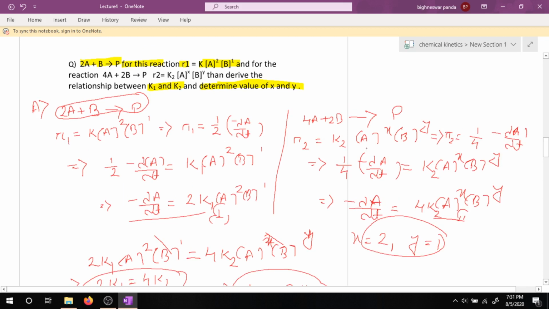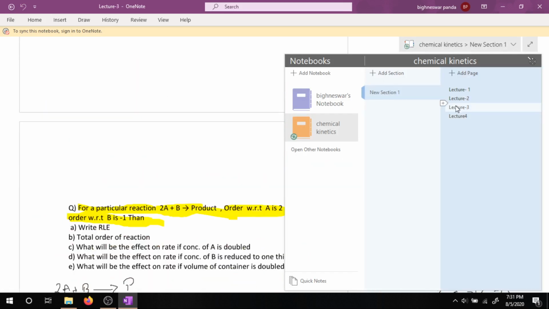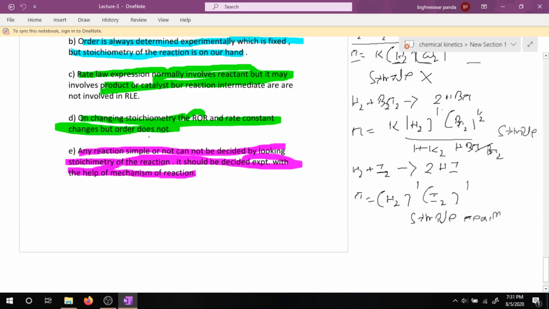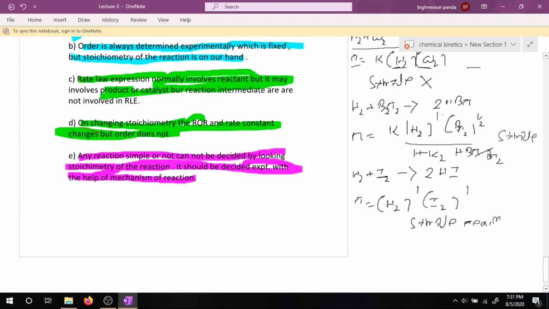There is not much difficulty, but simply remember that on changing stoichiometry of the reaction, rate of reaction and rate constant change, but the order does not change. If you don't remember, I can show you here. On changing stoichiometry, the rate of reaction and rate constant change, but order does not.